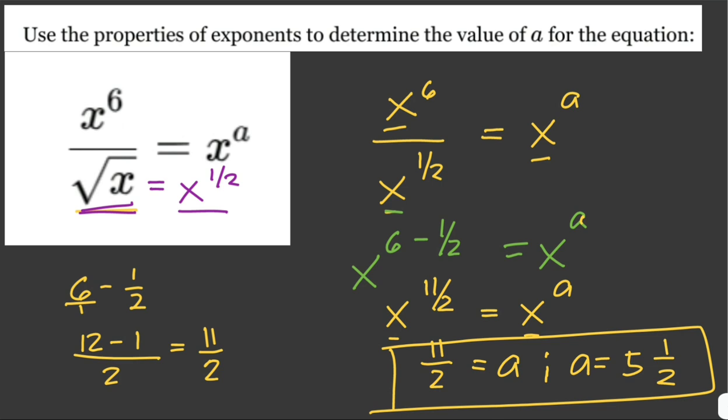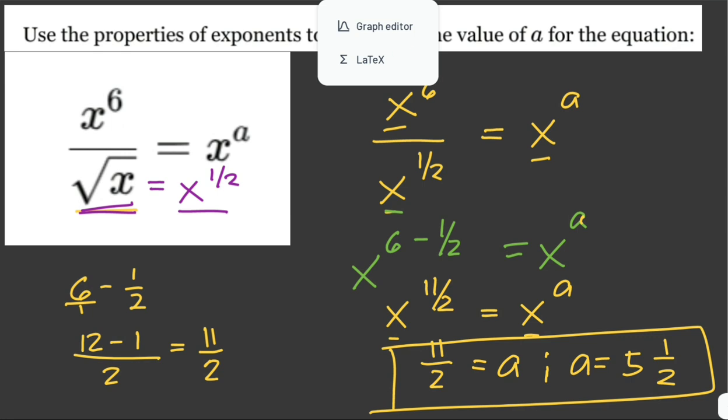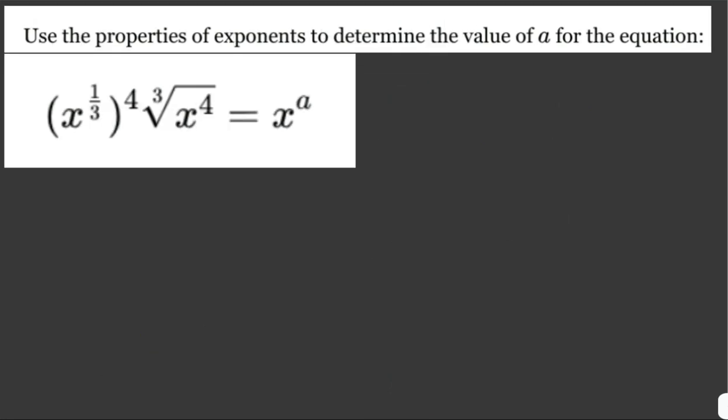Now let's solve another problem. Alright, let's say we're given this equation here. We need to determine the value of a using the properties of exponents. So we have x to the 1/3 to the power of 4 times the cube root of x to the 4th equals x to the a.